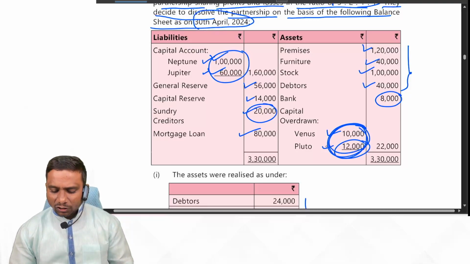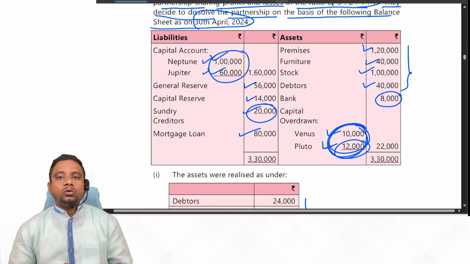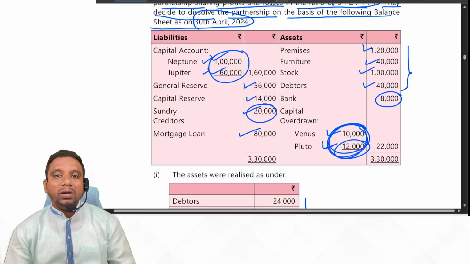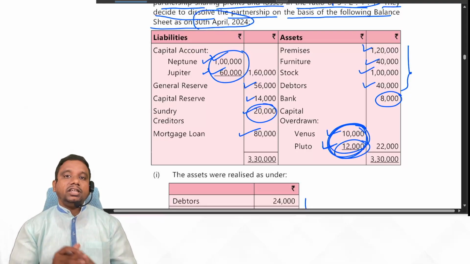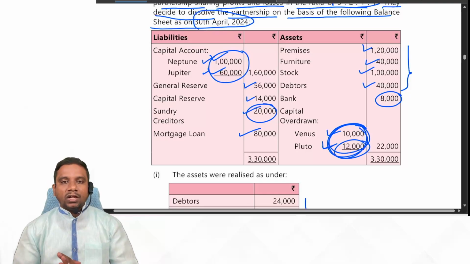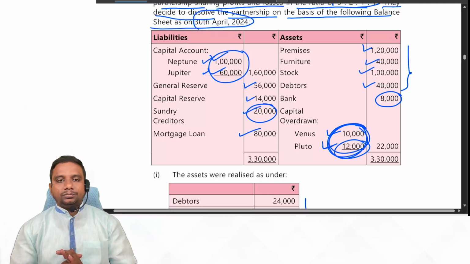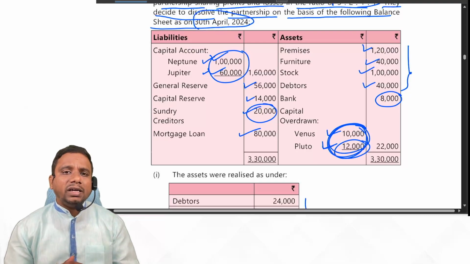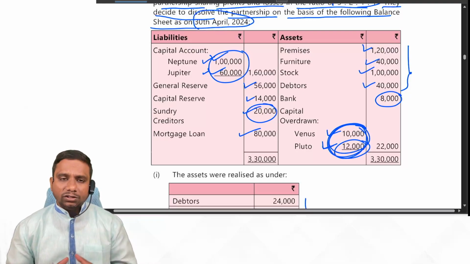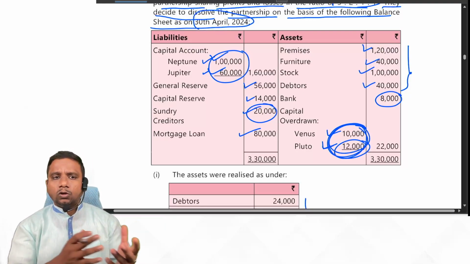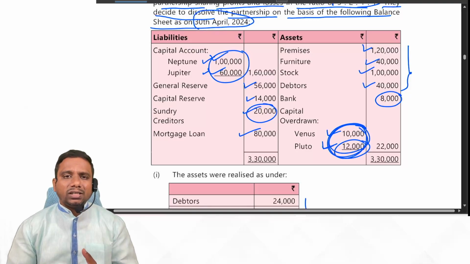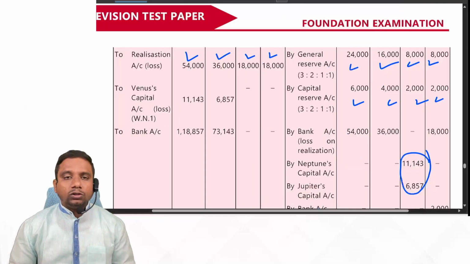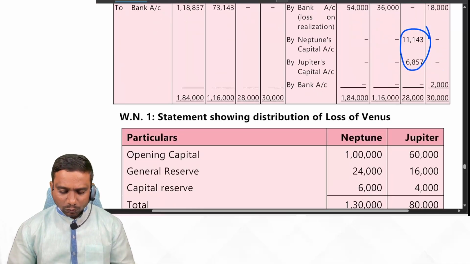That's why we will not ask Pluto to bear the loss of Venus. Who will bear the loss of Venus, and according to what ratio? Their capital ratio. Here we are not maintaining capital accounts under the fixed capital method. In case of the fixed capital method, we follow fixed capitals. But here we have to adjust some things and after that we should calculate the capital ratio. In this problem that is very important.